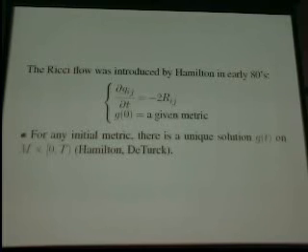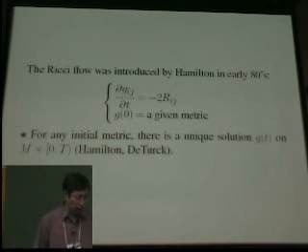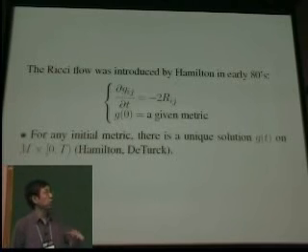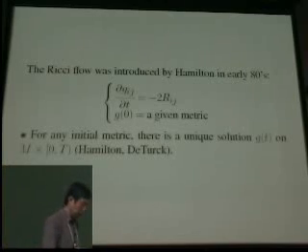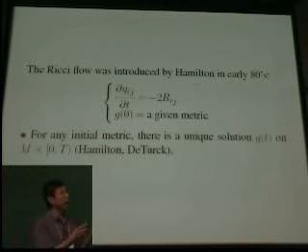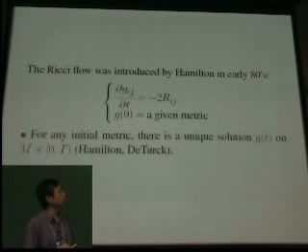It's like a metric version of the heat equation. Given an initial value, you evolve along the heat equation, and the heat distribution becomes more homogeneous. Hopefully the Ricci flow can also deform a metric towards a more homogeneous metric, like an Einstein metric. This is a parabolic type equation.